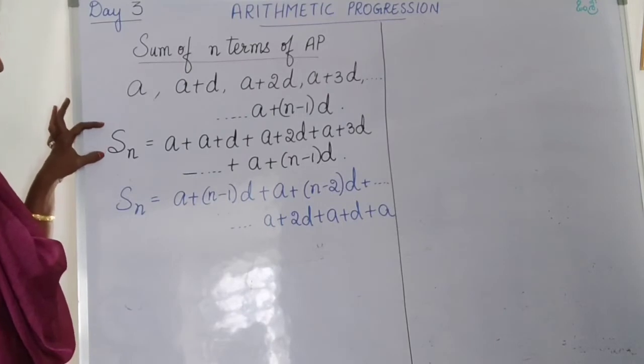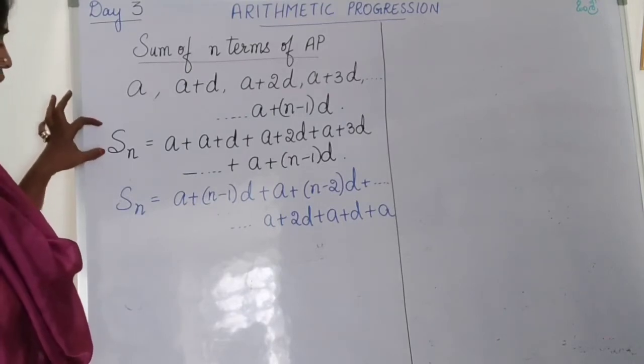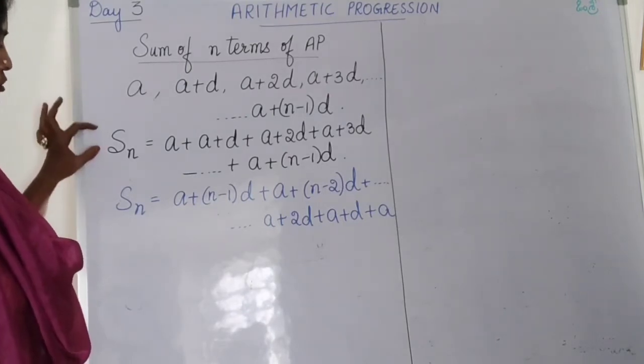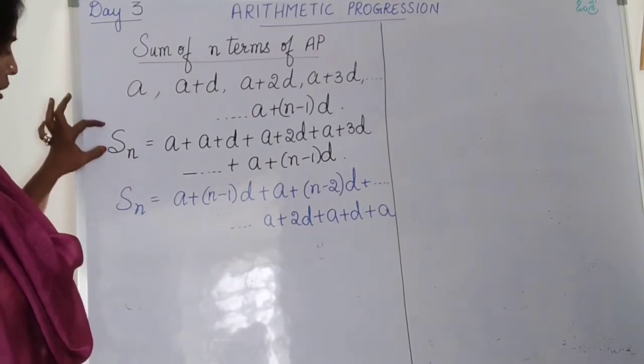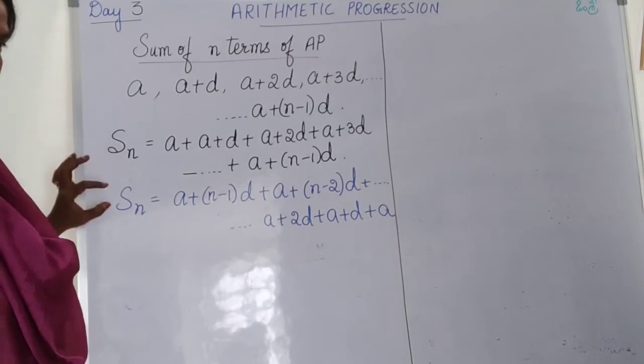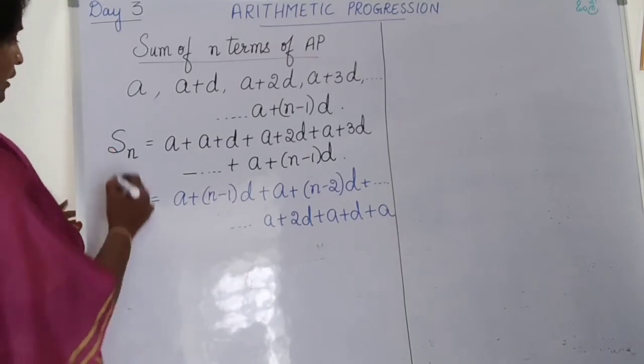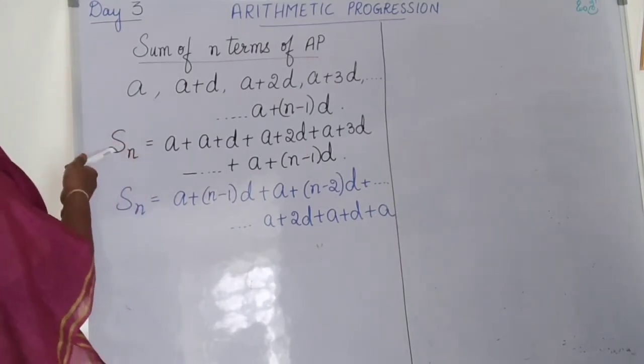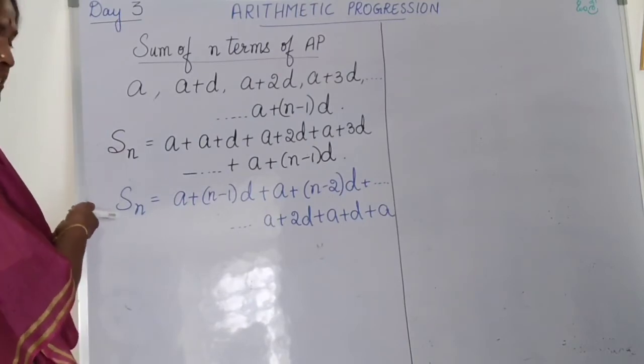Now what I am doing is, we have to add these two sums. When you add these two, first we are adding the LHS. This is one Sn, this is another Sn.